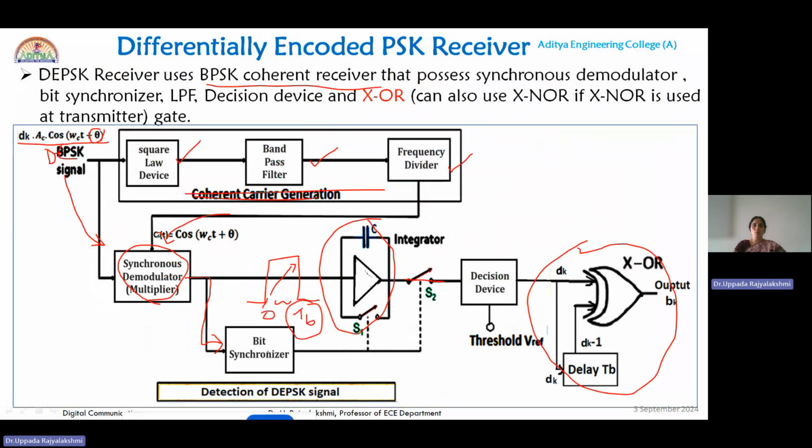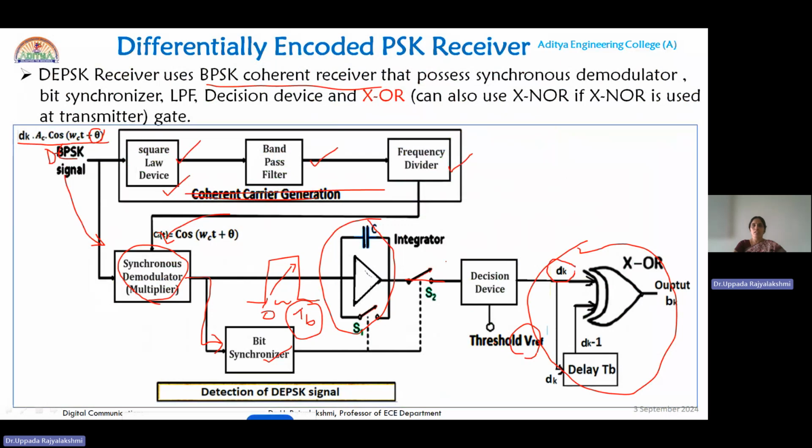These timing intervals are provided by the bit synchronizer, and frequency or phase synchronization is provided by the coherent carrier generation. And now the low pass filter output is applied to the reference voltage. If the low pass filter output is greater than reference voltage, the decision device output is 1. If the low pass filter output is less than reference voltage, the output is 0.